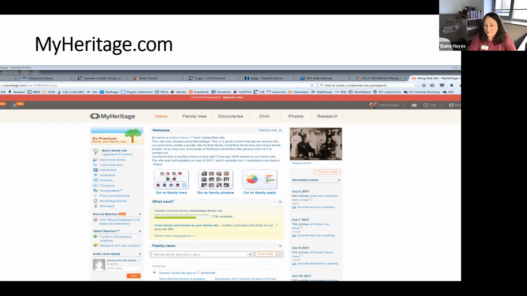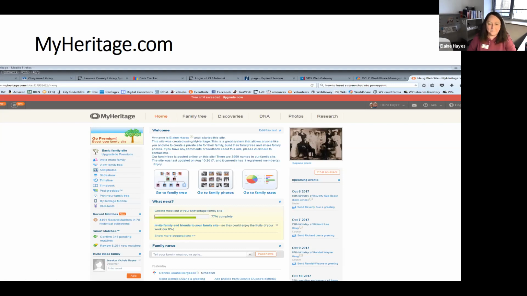MyHeritage is another one that'll let you put in your DNA that was taken from another ancestry. In this case, I put my Ancestry DNA into MyHeritage, and I could put my tree in there too and get matches. I think it says I have 4,461 record matches.